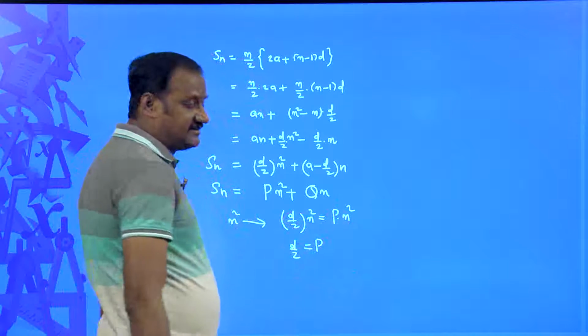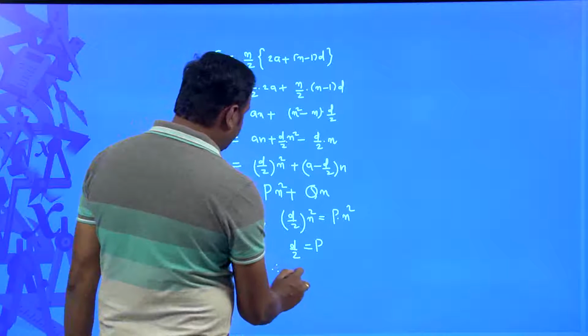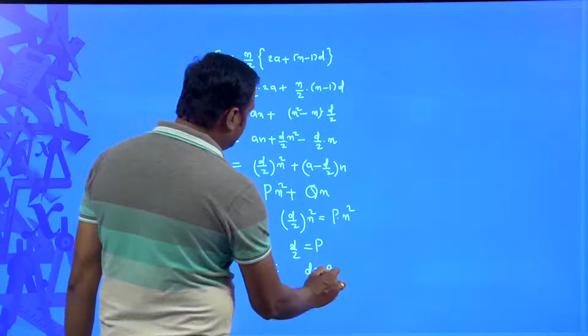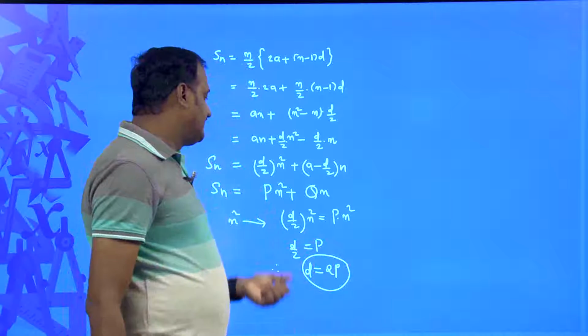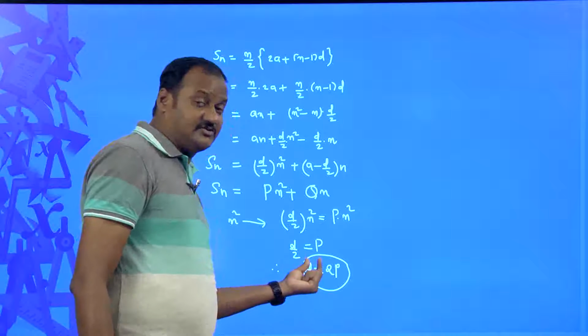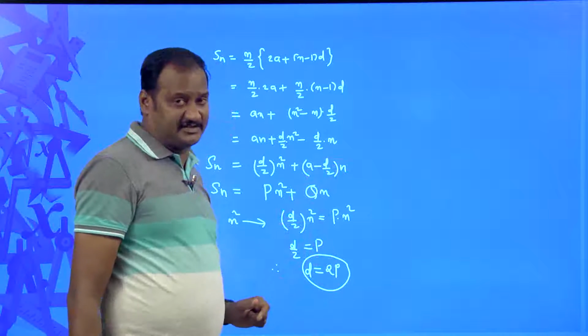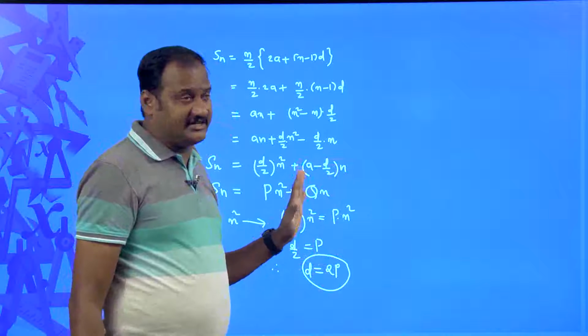What is d here? d is the common difference. Therefore, from this you can say that d is equal to 2 into p. What is p there? p is the coefficient of n square. Then the common difference would be twice the coefficient of n square.